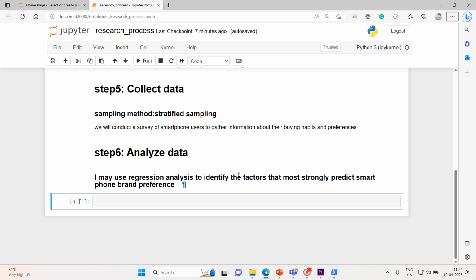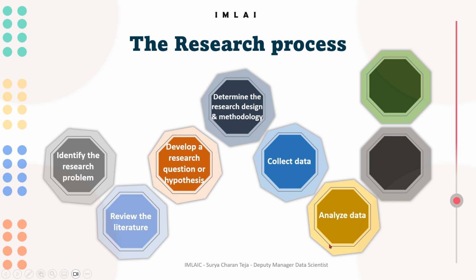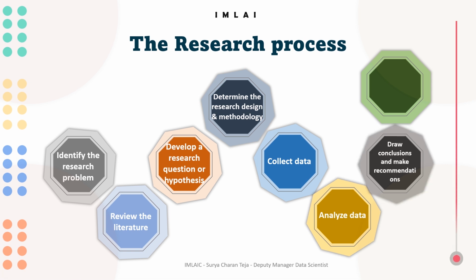Okay, so once analyzing the data is done, now it's time to move on to the next step. That's step 7. Here we will draw conclusions and make recommendations based on our data analysis.